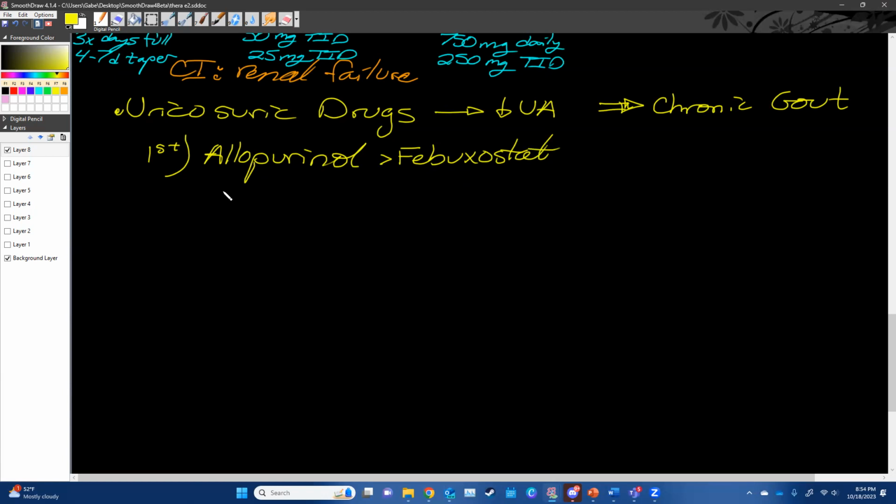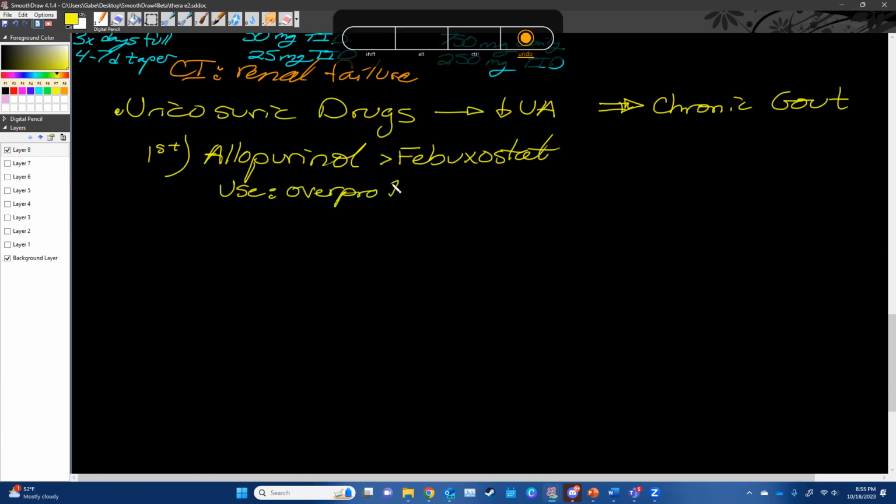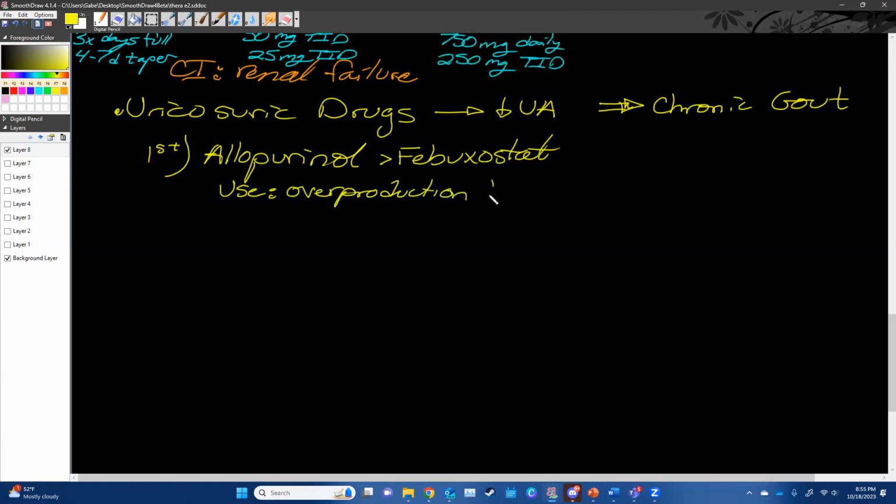Allopurinol's usefulness comes in both overproduction and under excretion. So if someone is overproducing uric acid, we can use allopurinol. If someone is an under excreter, using allopurinol is also beneficial.